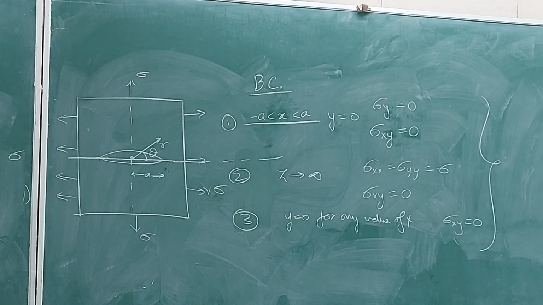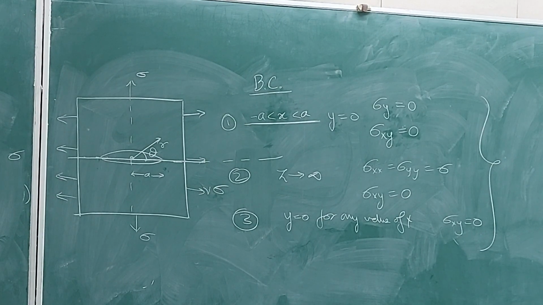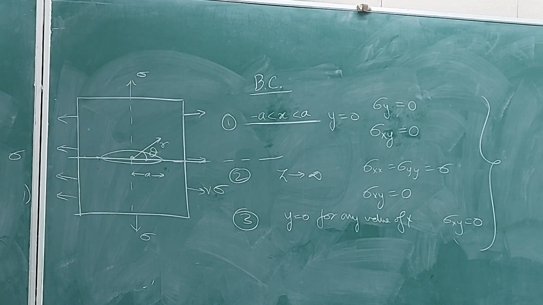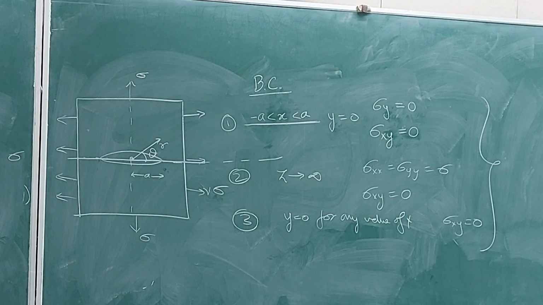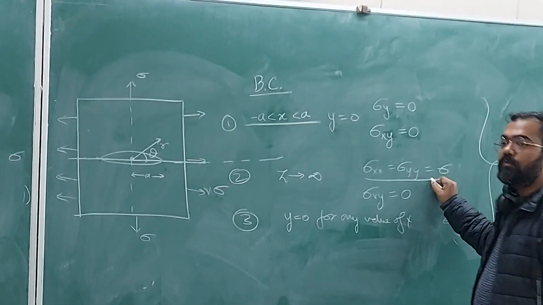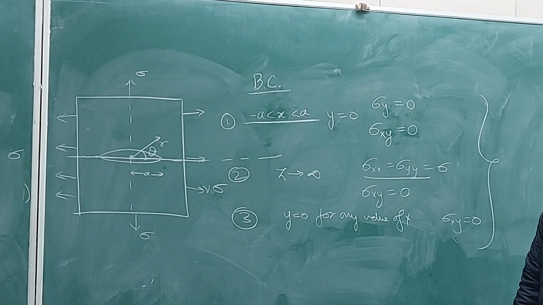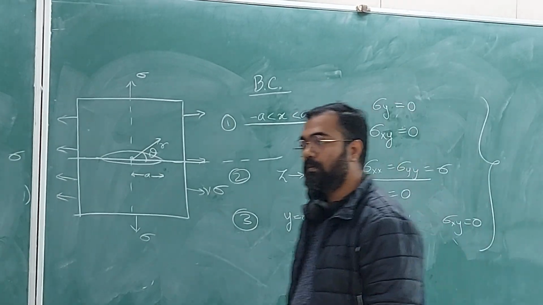In plane stress condition, we assume sigma xx equals sigma yy. So when you have sigma xx equal to sigma yy, then what will be the value of shear stress? 0. That will be the midpoint of the Mohr's circle.